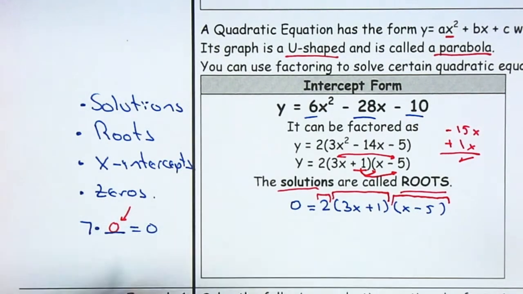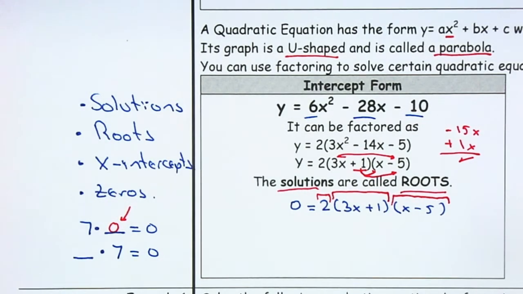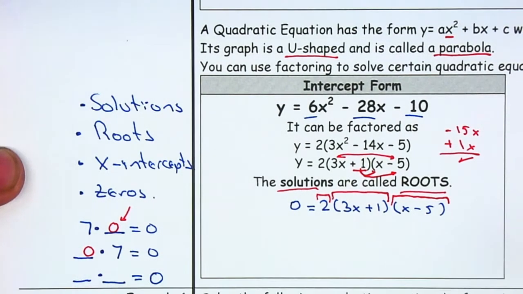Do you guys agree? If we have a number times 7 equal to 0, we know that number must be 0 in order for it to be equal to 0. If we have two numbers multiplied together and it's equal to 0, we know that either one number is 0, the other number is 0, or both must be 0.